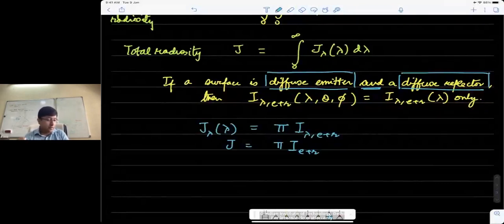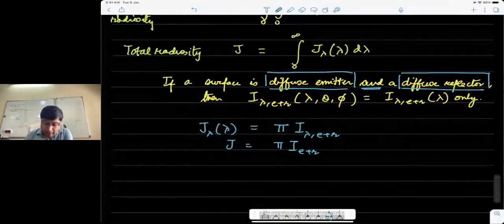So we have now looked at irradiation and total radiation leaving a surface. So now let's look at some characteristics of a real surface. How do we define a real surface?